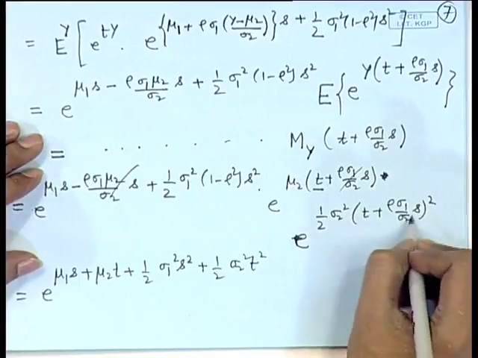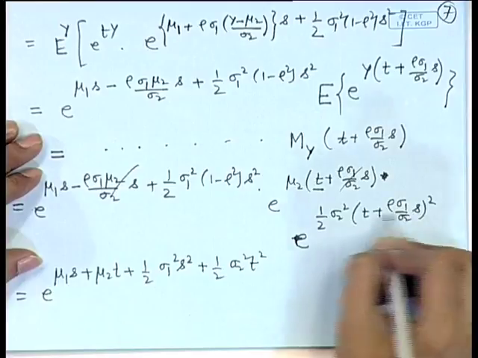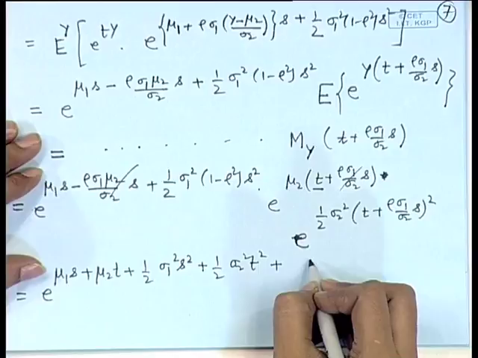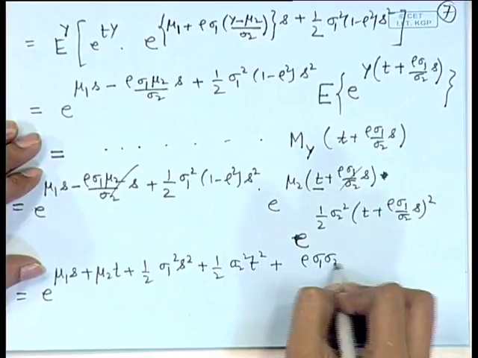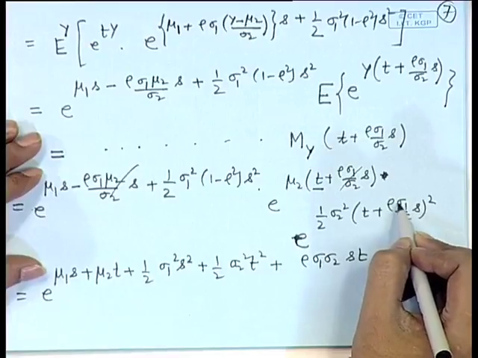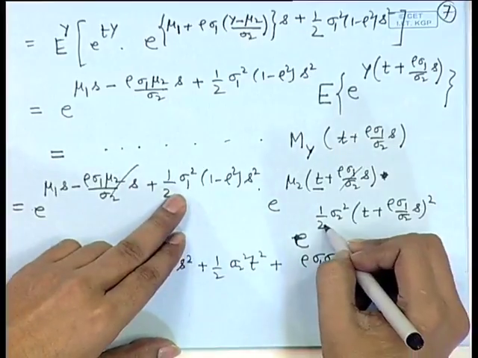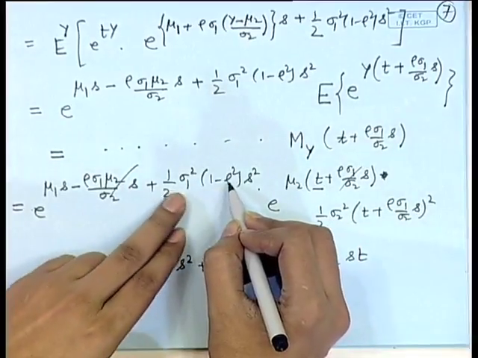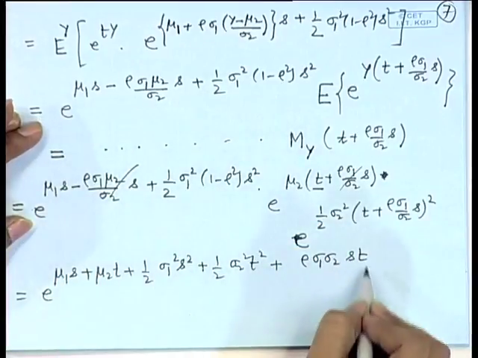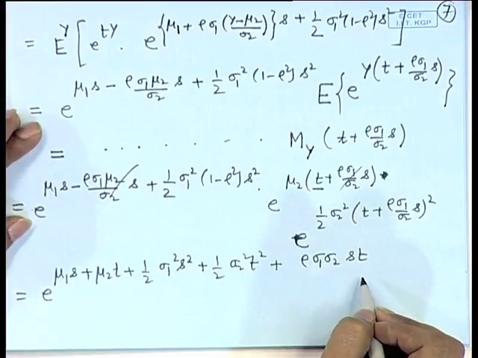Now, when we take the square here, it becomes twice rho sigma 1 by sigma 2 s t, times sigma 2 square. So, you will get plus rho sigma 1 sigma 2 s t, and the square term here, rho square sigma 1 square s square with a half, will get cancelled with minus half sigma 1 square rho square s square. So, we are left with this term as the MGF of the bivariate normal distribution.